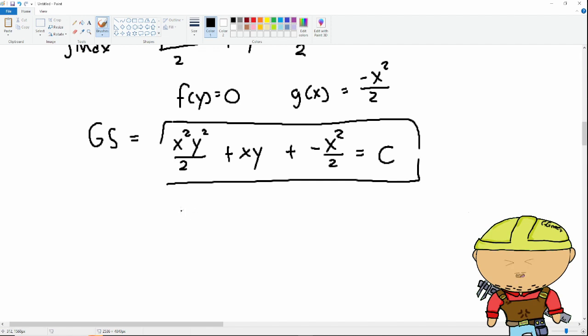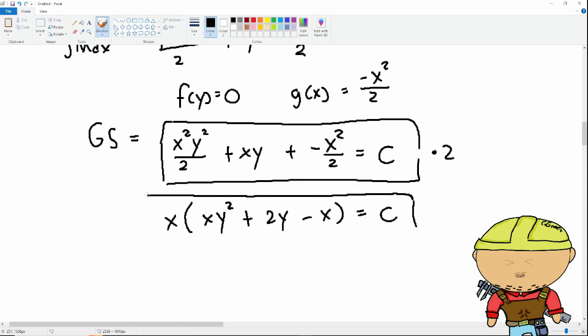Multiply both sides by 2, taking away the fraction, so this will become x squared y squared plus 2xy minus x squared is equal to c. This is now our general solution, and this is the answer to our differential equation.